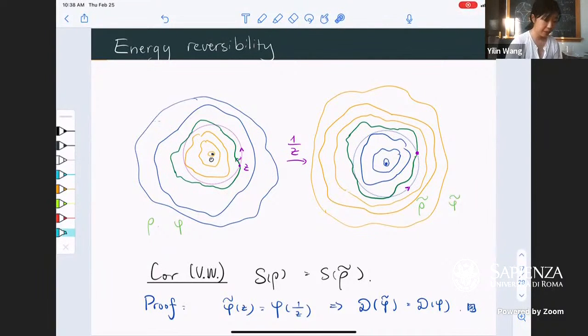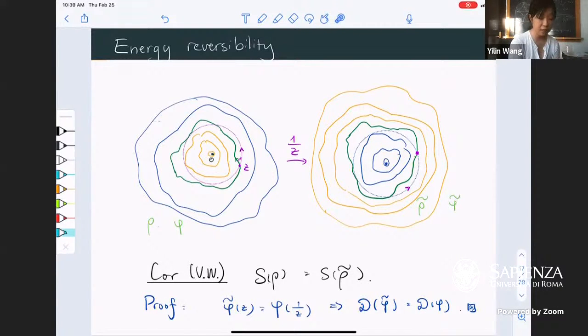Why is that? Because if one looks at this map 1 over z, first of all, it preserves all the purple circles; it maps circles centered at 0 to circles centered at 0. 1 over z is conformal, so it preserves the angles. So the angles are preserved and the winding functions are preserved; more specifically, phi tilde equals phi composed with 1 over z.